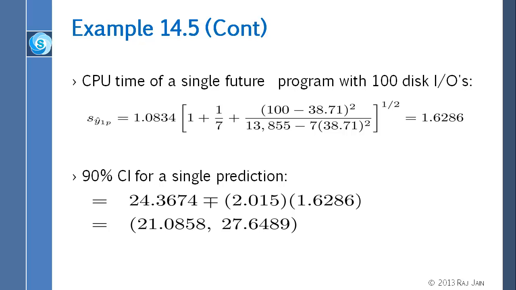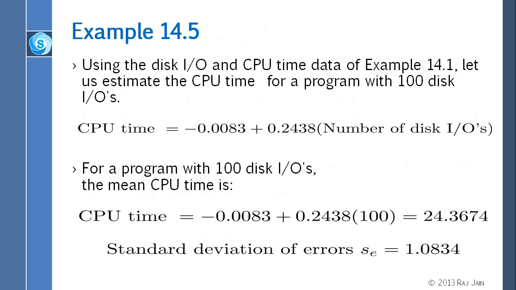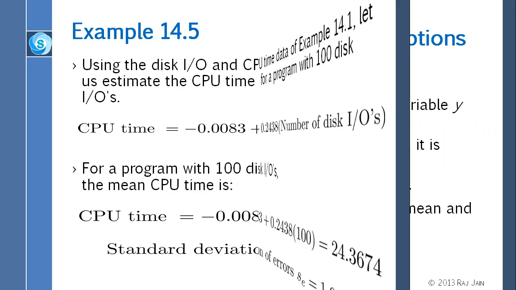So it has gone up a little bit. Actually it is not going up very much, which is good news, because the standard deviation of errors is so low, which may not always be the case. The standard deviation of error is just 1 compared to the observation, which is 24. So this is a really good model, and the errors are very low, and that's why you are not seeing that kind of change.